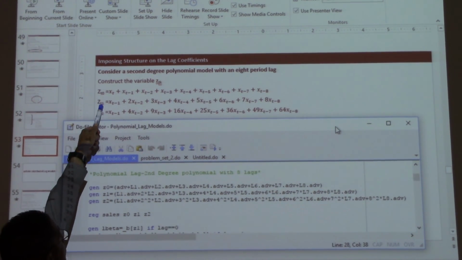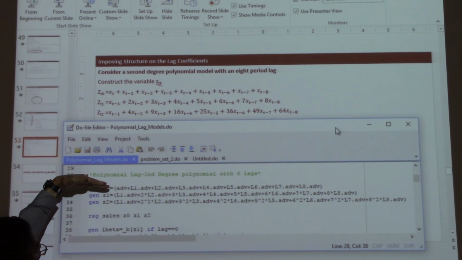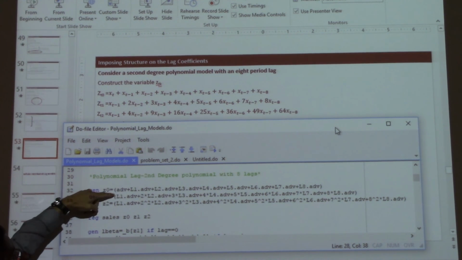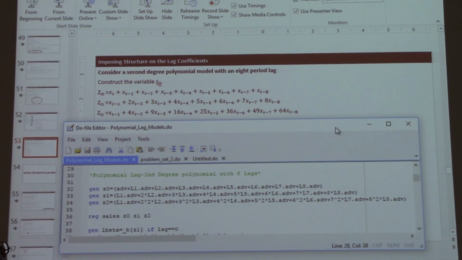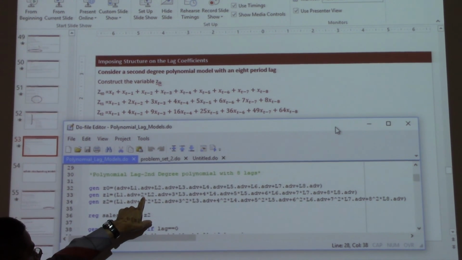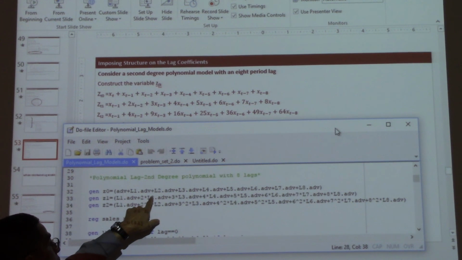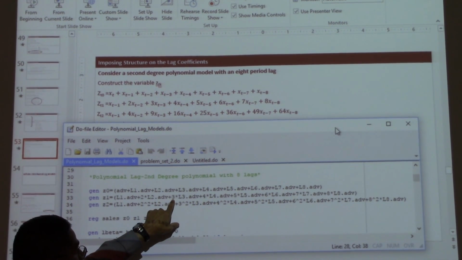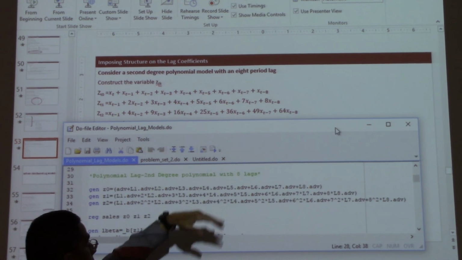Then we construct ZT1. It's the same thing. So essentially I can copy this, paste it, delete the current one, and then I've got lagged advertising. And for the 2-period lagged advertising, I multiply that by 2. For the 3-period lagged advertising, I multiply that by 3. For the 4-period lagged advertising, I multiply by 4, and so on and so on.